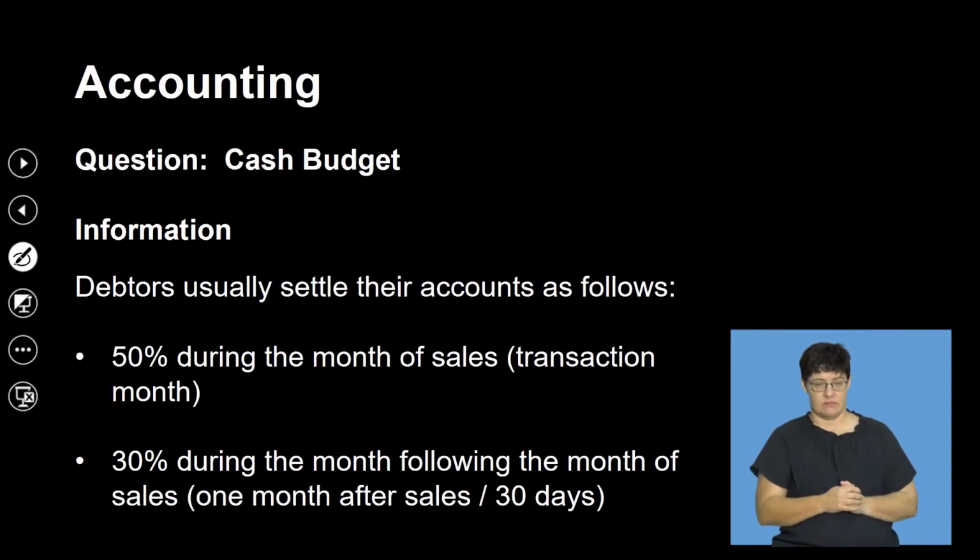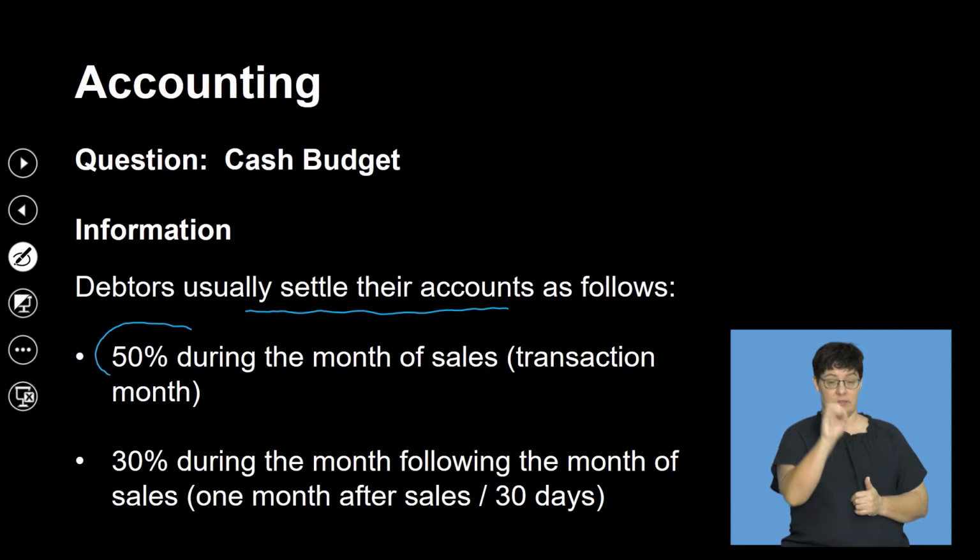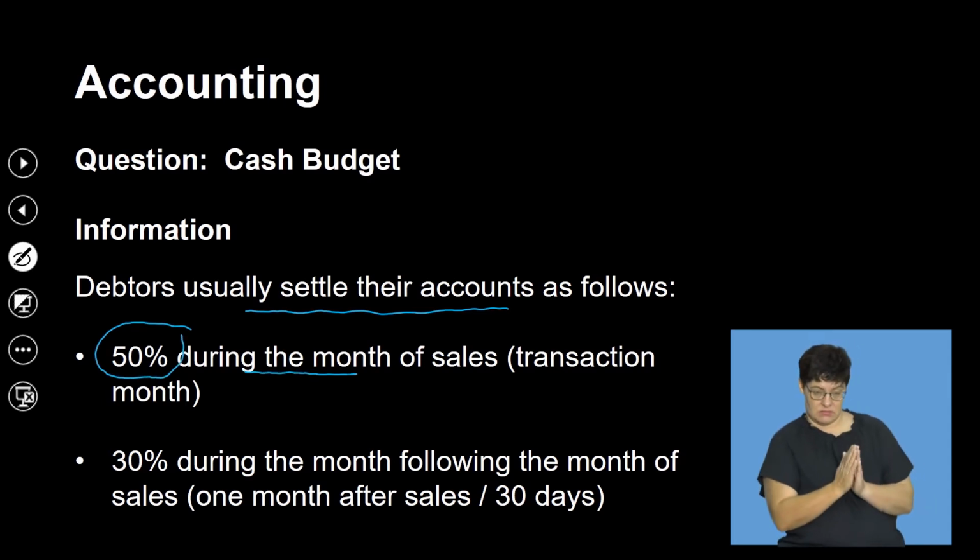Now, how are my debtors paying their debt? How are they settling their debt? Watch. They settle the accounts as follows. 50% during the month of sales. That means in the transaction month.